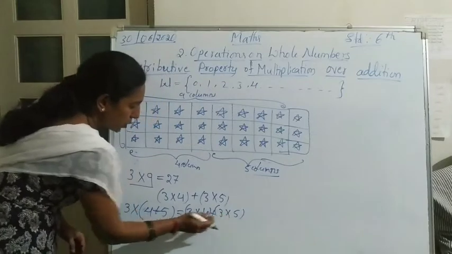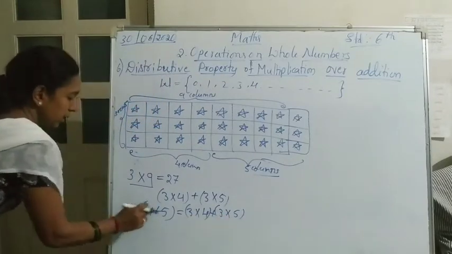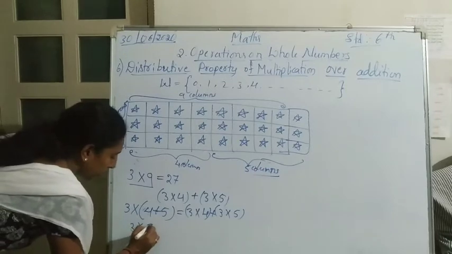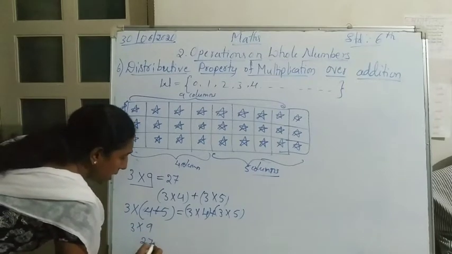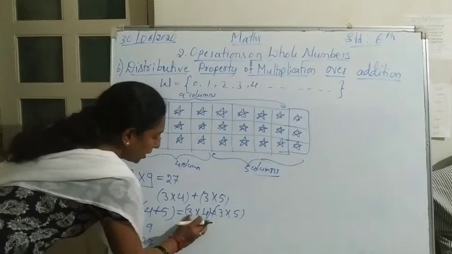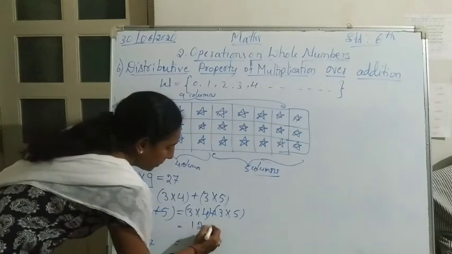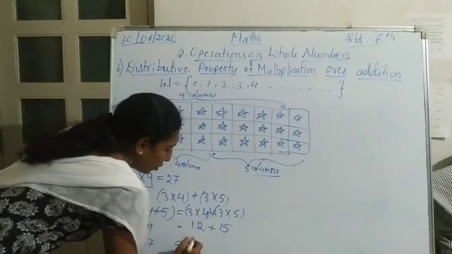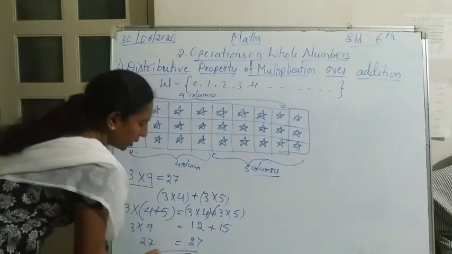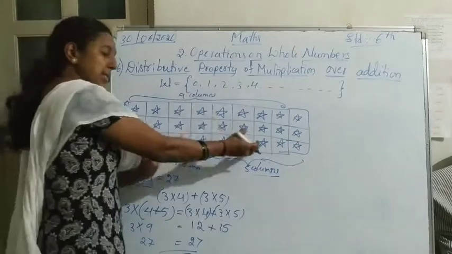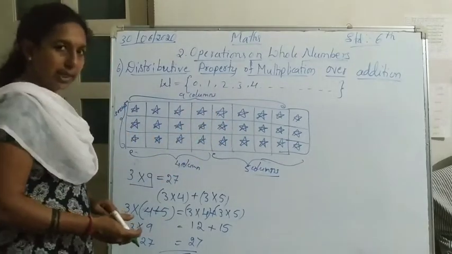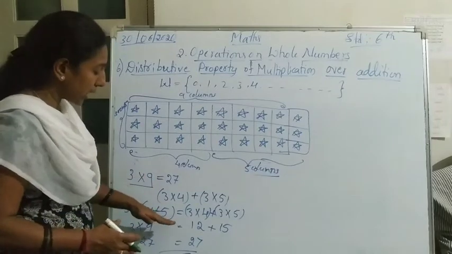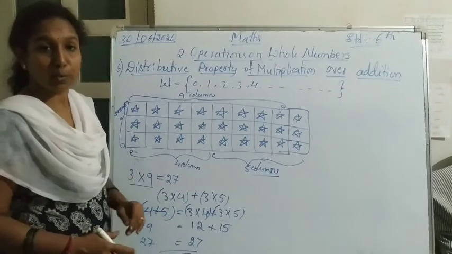If I add those two, I will get the same. This one is 3 into 9, that is how much? 27. Now here 3 4s are 12 plus 3 5s are 15. So 12 plus 15 is how much? 27. Are both the same? Because there are only 27 stars. But the way of writing is a little bit changed. So this is actually how we do the distributive property.